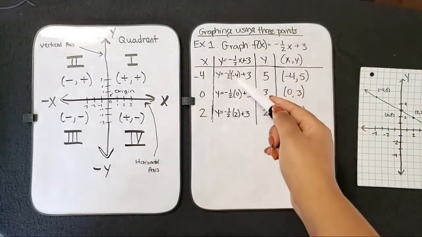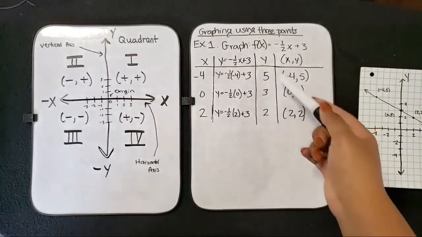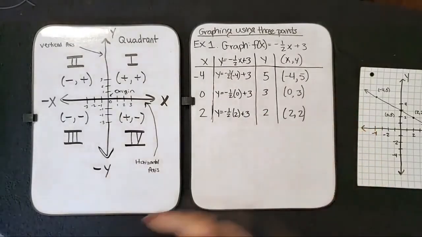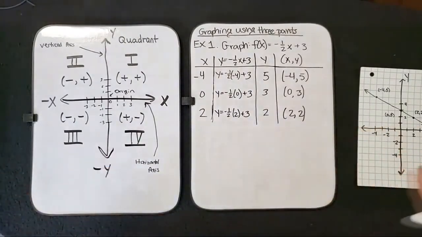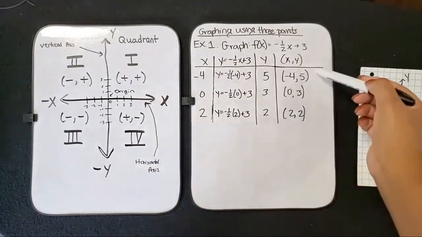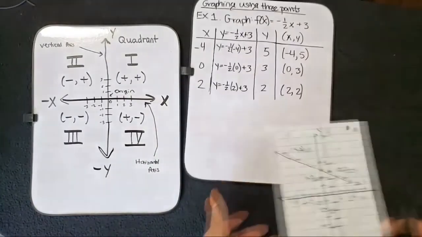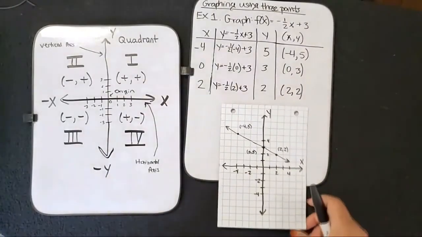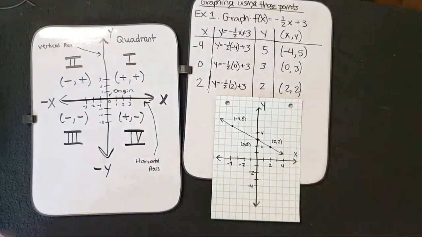So we're plugging in the x and solving for y, and then we have our y term in this column. Then in order to have a coordinate, we have to have an x and a y. So over here we have our coordinates with the x and the y. When we plot those 3 points, that's how we get the graph.